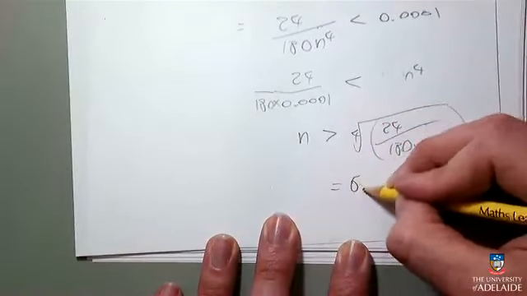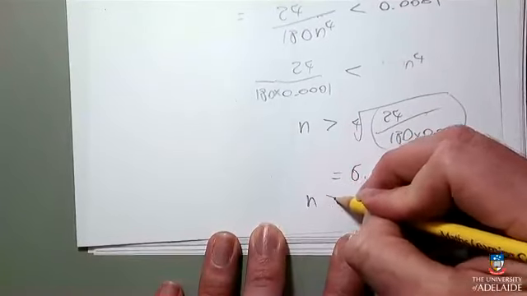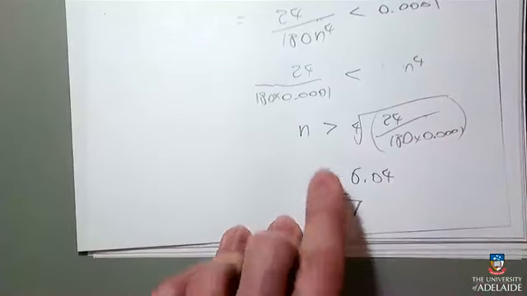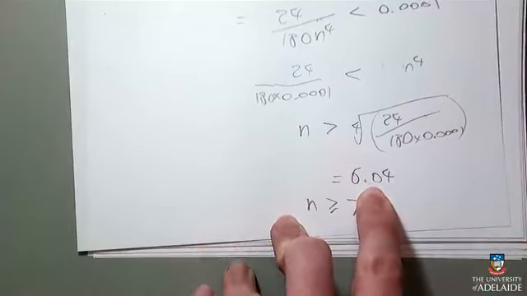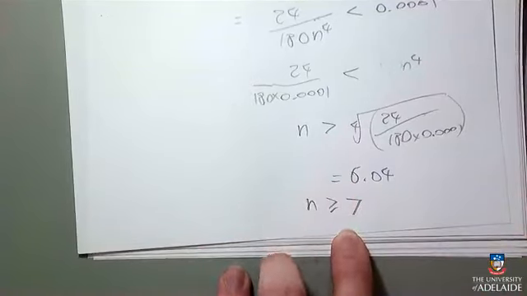And so that's 6.04, and so therefore n has to be 7. Because it has to be properly greater than 6.04 in order for it to work. So I need to go up to the next one.